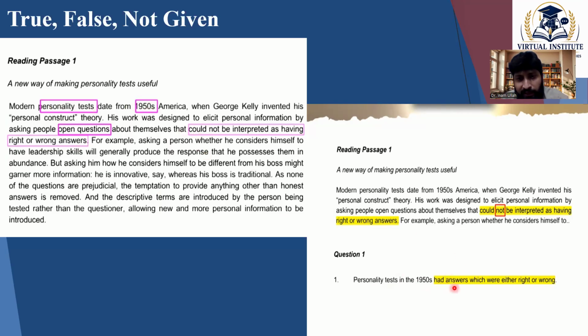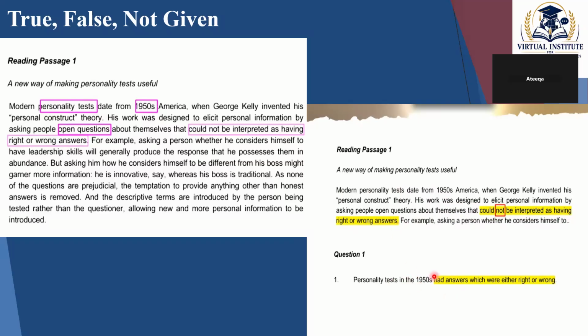Now the question is, had answers which were either right or wrong. But as you can see in the passage, his work was designed to elicit personal information by asking people open questions about themselves that could not be interpreted as having right or wrong answers. Now the question is telling us it should be either right or wrong. But the passage is telling us that it could not be interpreted as having right or wrong answers.